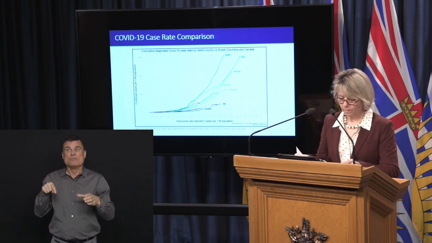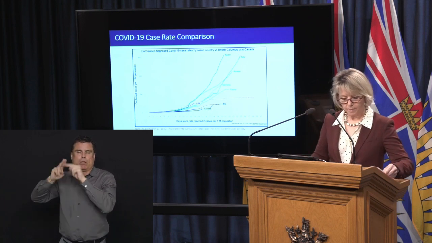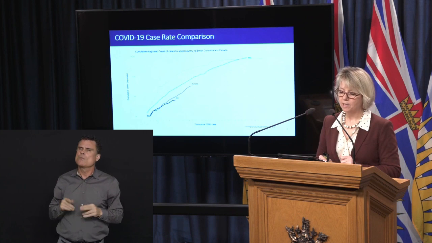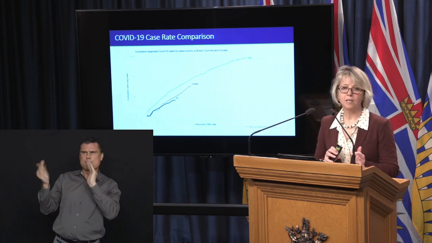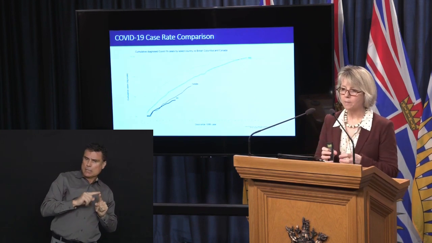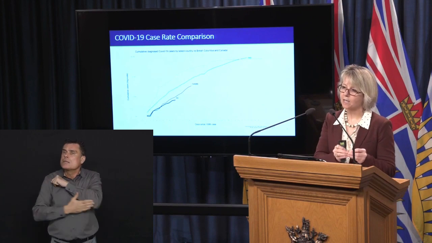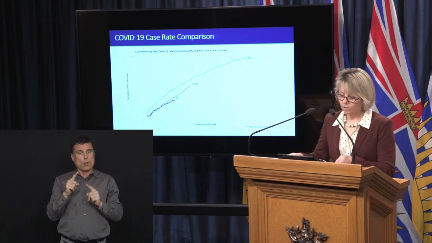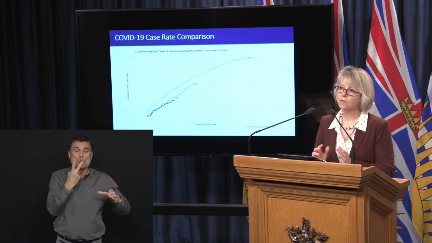So this modeling is based on comparing what's happening in BC to what's happening in other countries and pulling it back so that we're all starting at the same time frame. And this comparison looks at the cumulative numbers of cases.